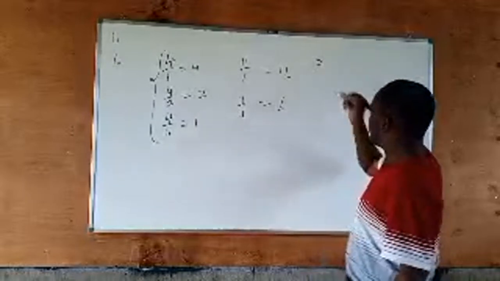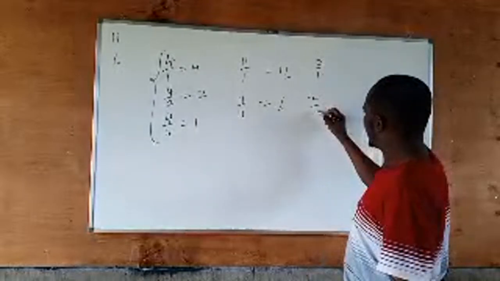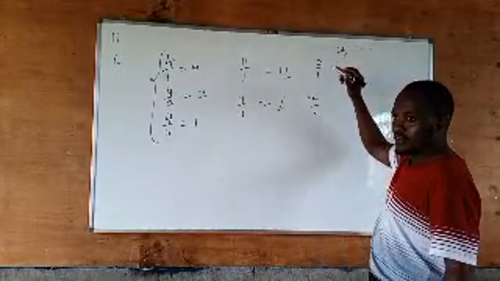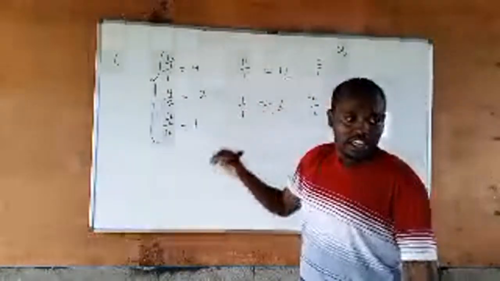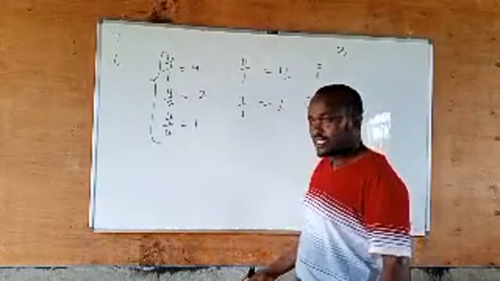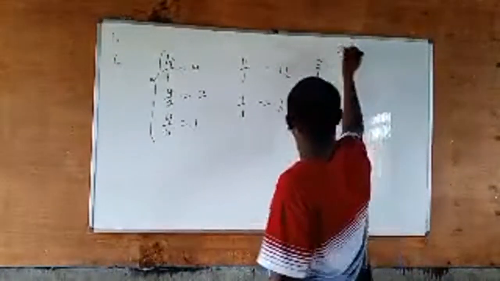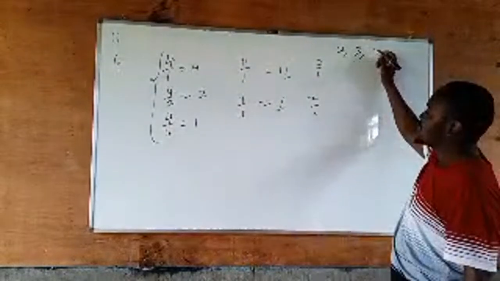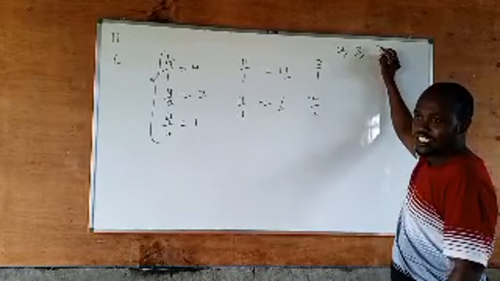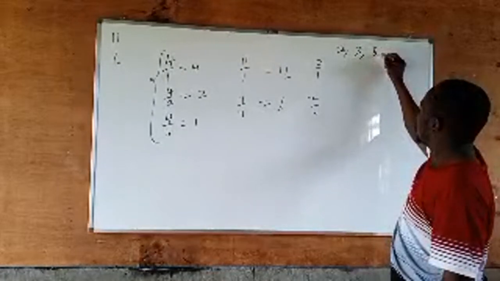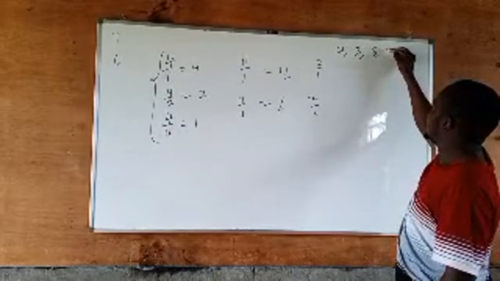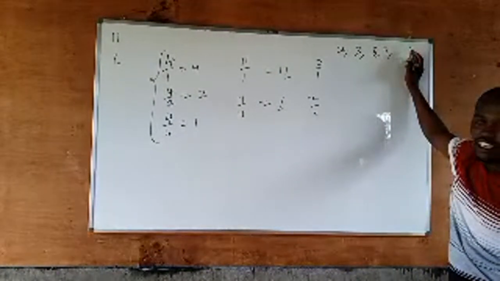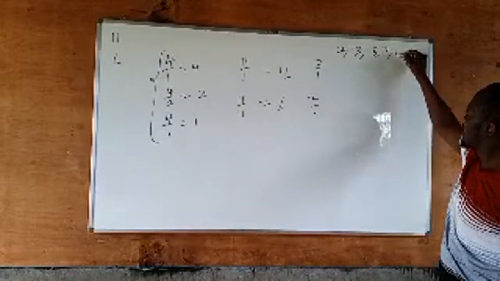Next is 2. 2 can divide by 1 and 2 can divide by itself. So the lowest one is 2. Have you written that? So prime numbers are 2, 3. After 2, 3, next 5, next 7, next 9. 9 no. 11, next.